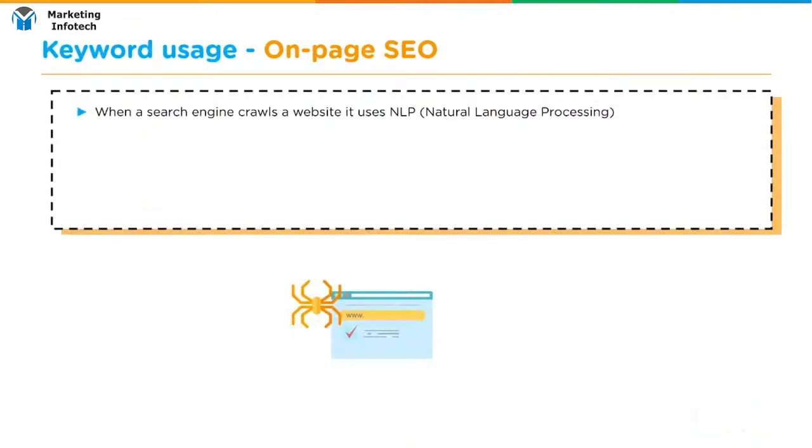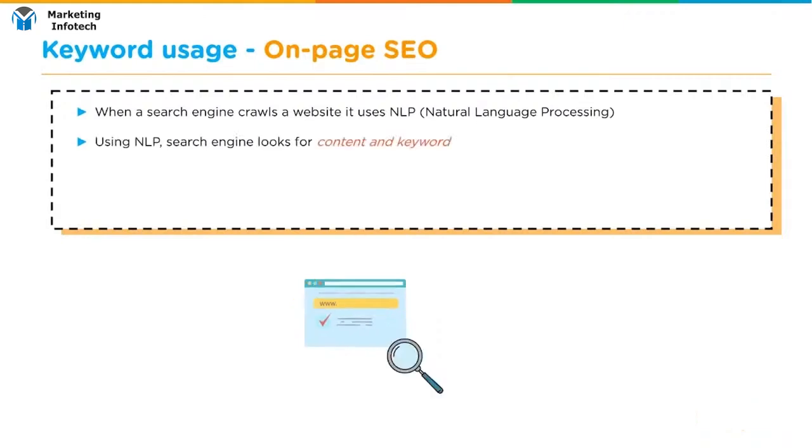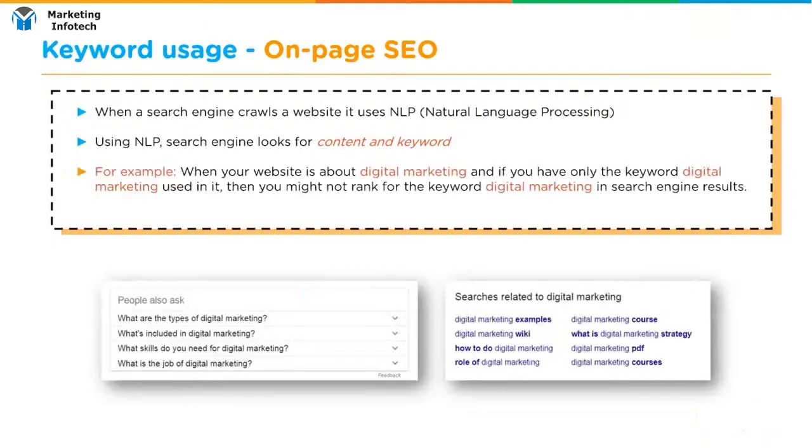And so also, in addition to internal linking, we want to be able to use natural language. And so what do I mean by natural language or natural language processing? So what Google does is, in terms of natural language processing, they're looking for the content and the keyword. It needs to be relevant. So when your website is about digital marketing, you don't necessarily want to try to rank for the keyword digital marketing.